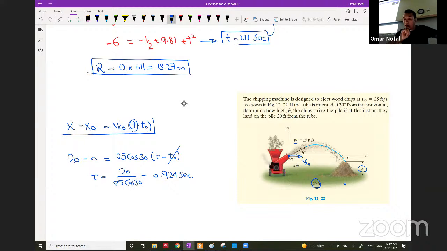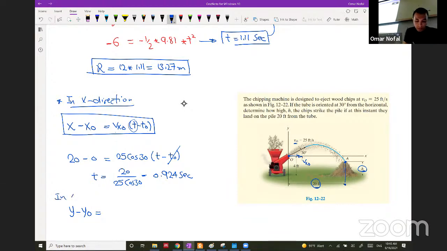So this is the time where the chip should hit at this location, at this position on the curve. Now let's get the h. To get h, we have to deal with the y direction. So we need to know what we have in the y direction. Let's be organized here. Next, the y direction.